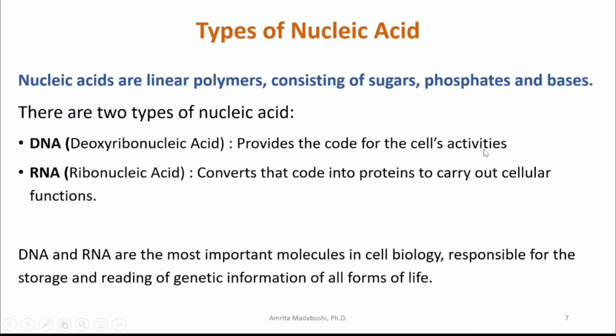So just to give you an example of the extent, I'll share with you that each one of you has between 60 to 100 trillion cells. Now let us take one of the figures. Let us say you have 60 trillion cells. In the 60 trillion cells, each cell contains DNA.